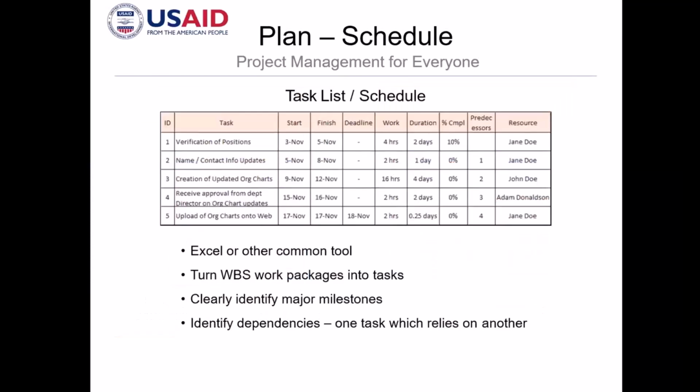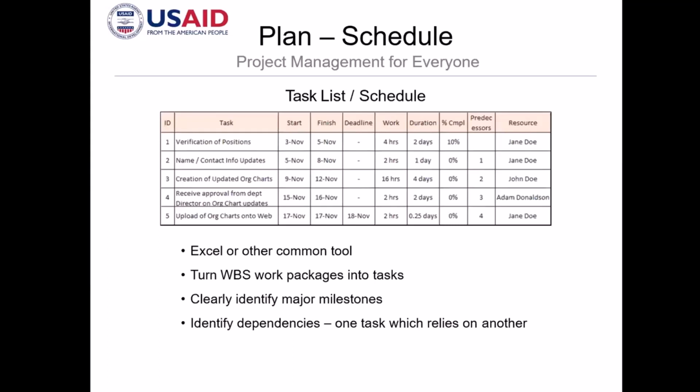So this is how I do it, right? I normally come up with the task list, and each task has a resource person assigned to it. And then you will have to define the start and finish of each task, so that once you add all of them, you can come up with the complete project schedule.